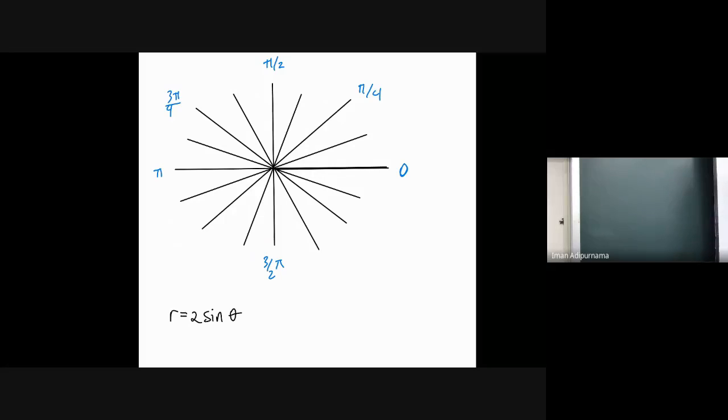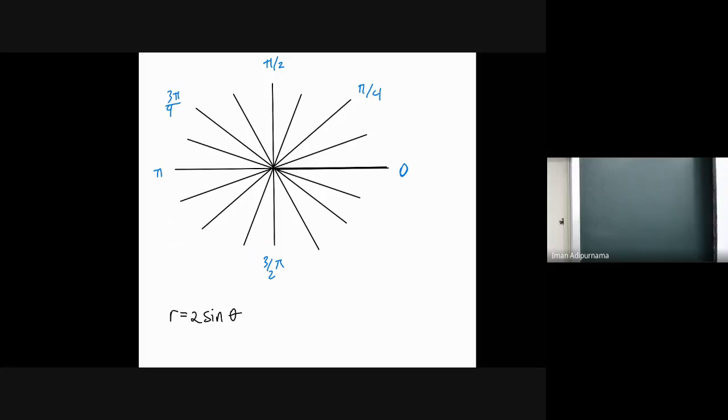Remember that the polar coordinate is actually in a different world than the xy coordinate or the rectangular coordinates. In xy you are looking at two dimensions, like having a square, right? But in polar, everything is like a line in a circular motion.